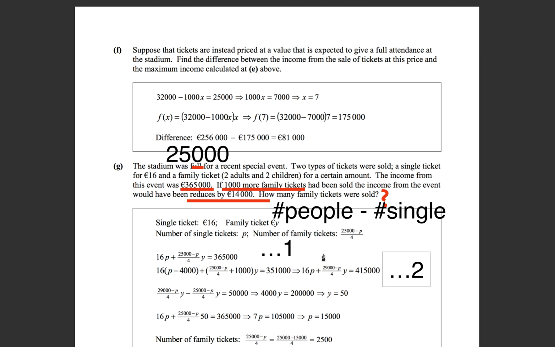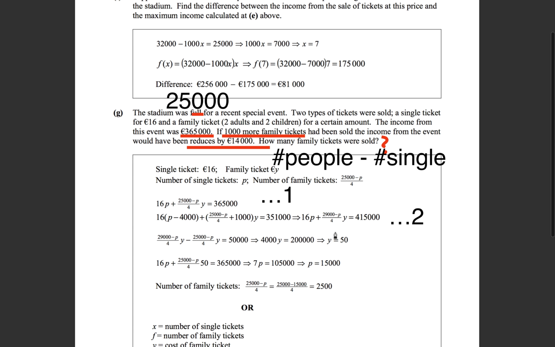Manipulate that to make it neat, to have it in a similar form, with the P term, the Y term next to the number of family tickets, and the constant on the other side. Just like simultaneous equations, you put these together and you get the answer.